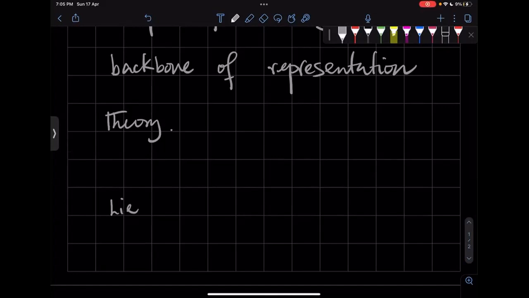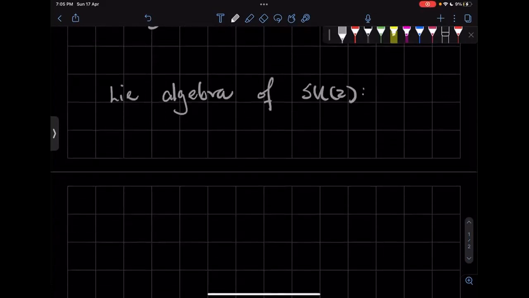Okay, so I'm back. So let's start with the Lie algebra of SU2. Can someone remind me what it is?